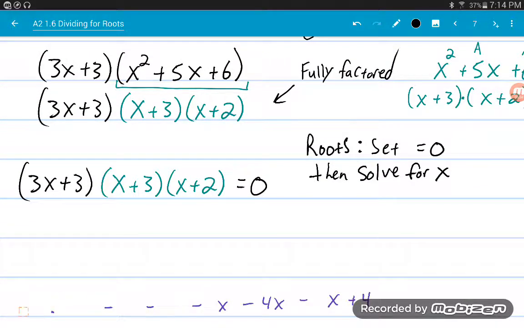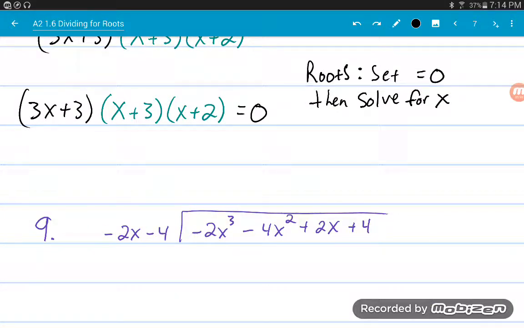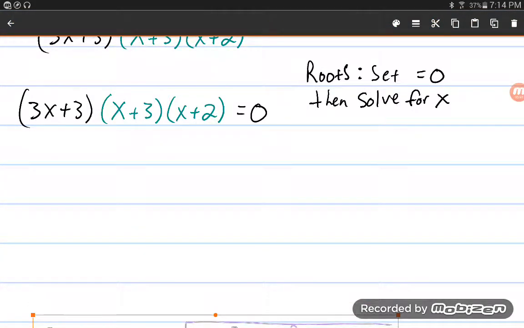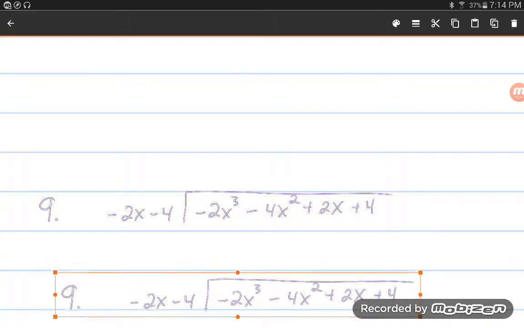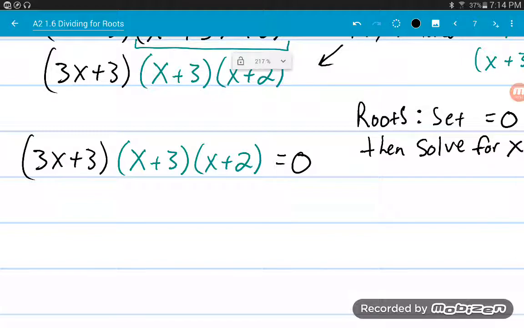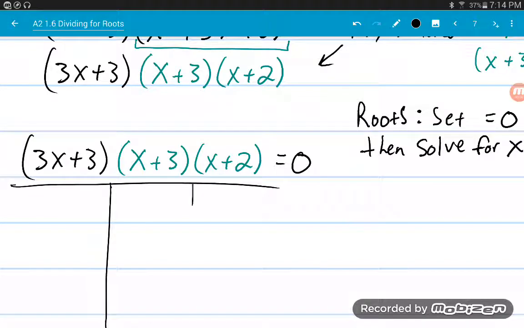In order to solve for x, so we have it set equal to 0. Now we just have to solve for x. We say to ourselves, well, what if each one of these bubbles was equal to 0? Well, I'll start with the easy ones.